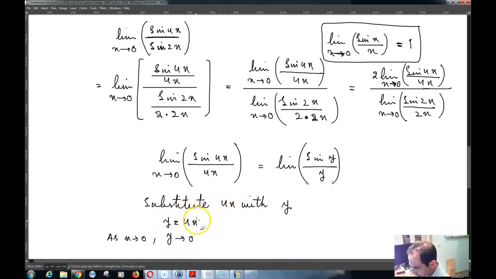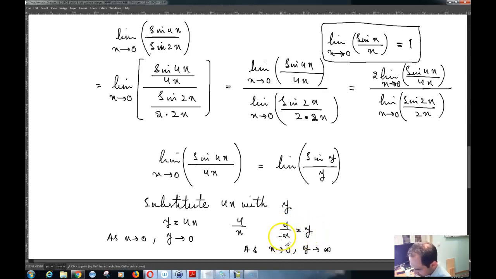For example, suppose that this expression over here was 4 over x. If you take 4 over x as y, and in your limit x tends to 0, then as x tends to 0, of course y tends to infinity, because as x gets smaller and smaller, y gets bigger and bigger, since x is in the denominator.